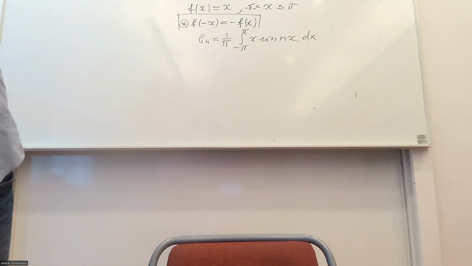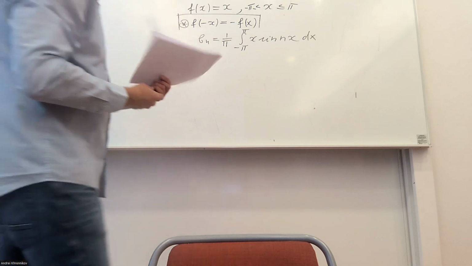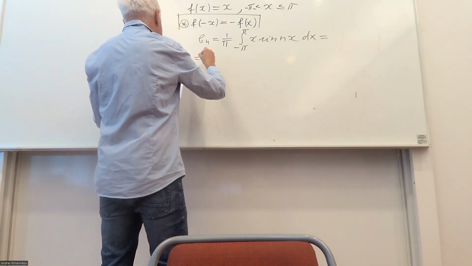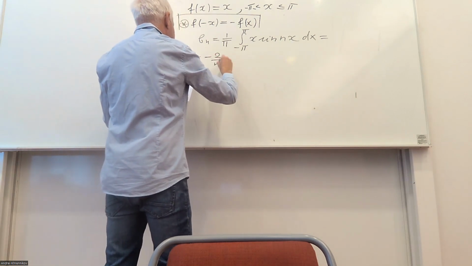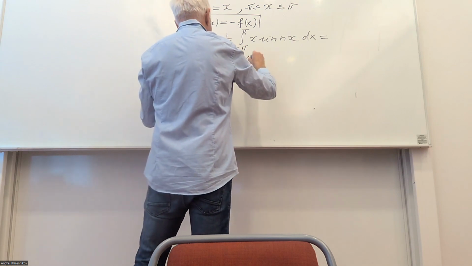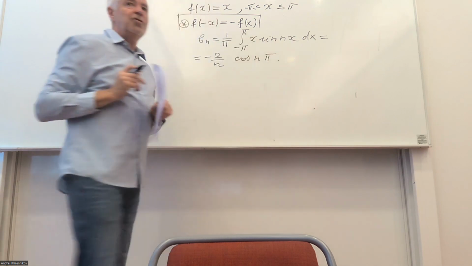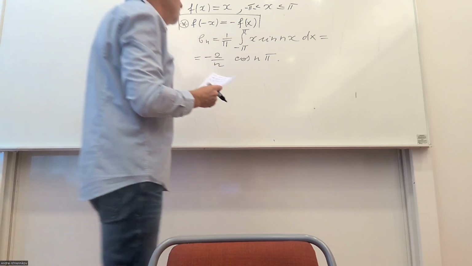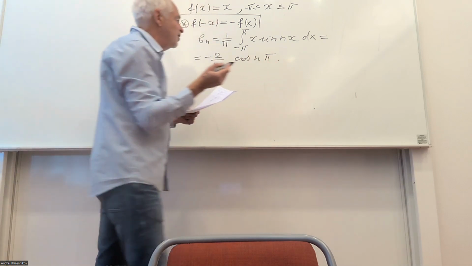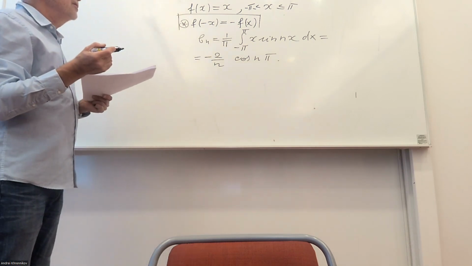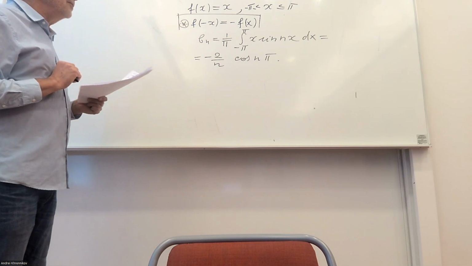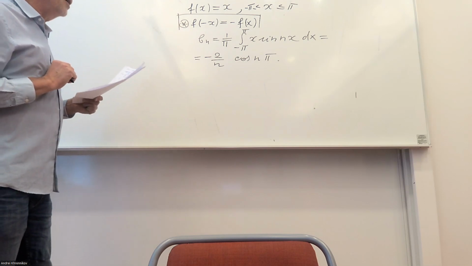I just did this at home. Its answer, after integration by parts, would be minus 2 divided by n cosinus n pi. So this is my answer. And this cosinus n pi: we know the cosinus of 2 pi k is 1, and the cosinus of an odd number of pi is minus 1.